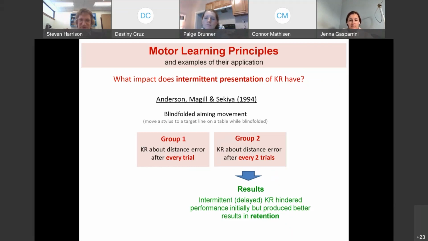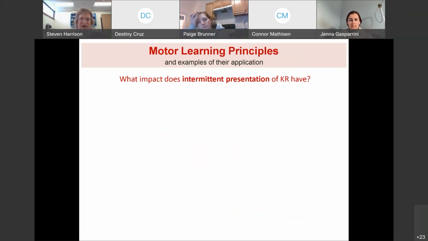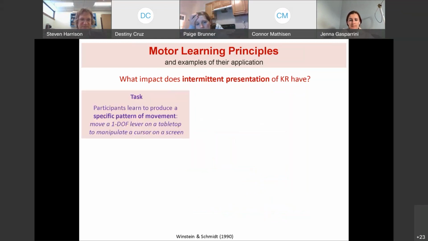But when I remove the feedback and test your ability to continue to accurately produce it, the fact that during training you had trials where you didn't receive the feedback is actually making you better at producing the task when you no longer have the augmented feedback. And we'll see this particular pattern of results illustrated more clearly when we're looking at other studies.